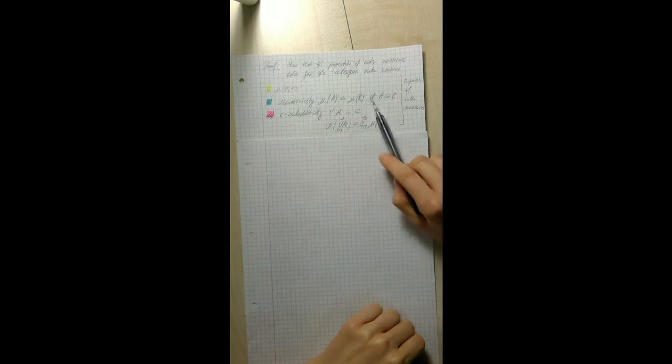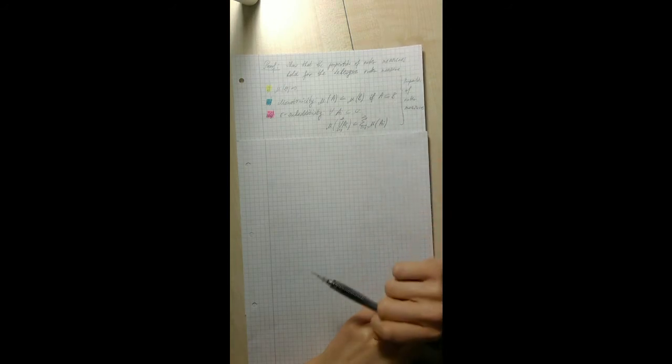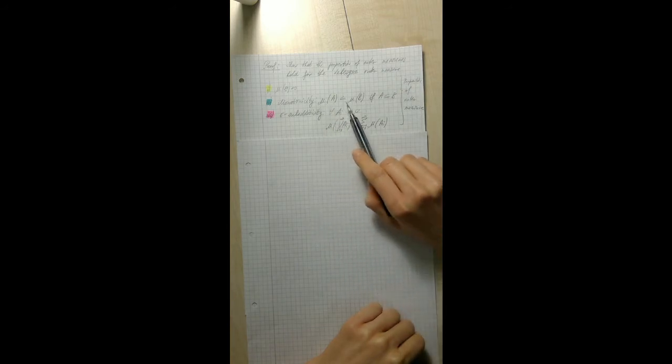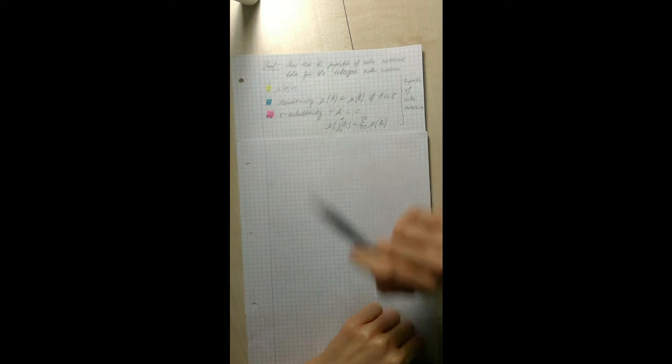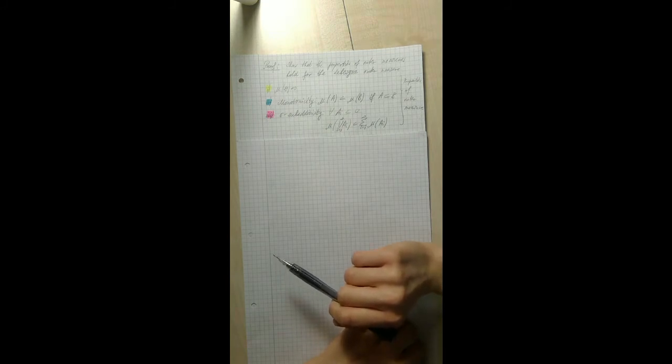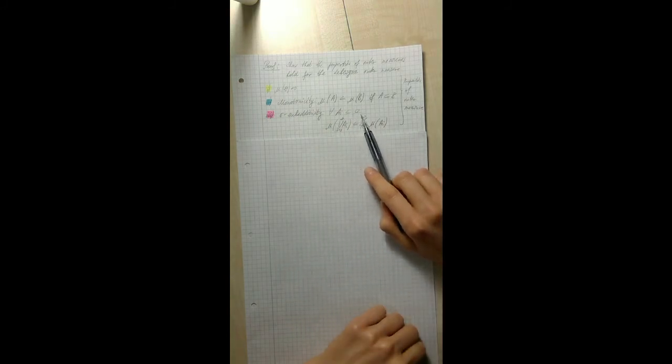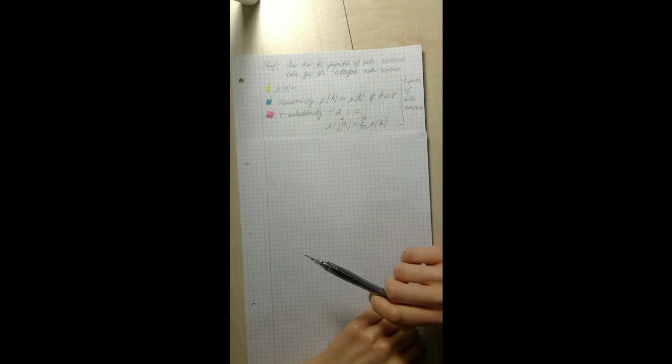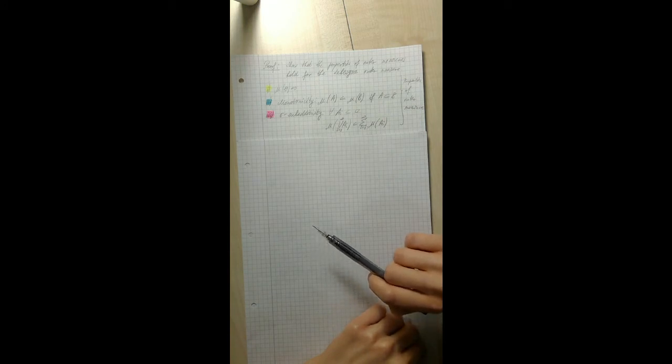Assume A is a subset of B. Then it has to follow that the measure of A is smaller or equal to the measure of B. The third and the last property, which is to show, is called sigma subadditivity. It says that if every set is a subset of omega, the measure of the countable union has to be smaller or equal to the sum of the measures.